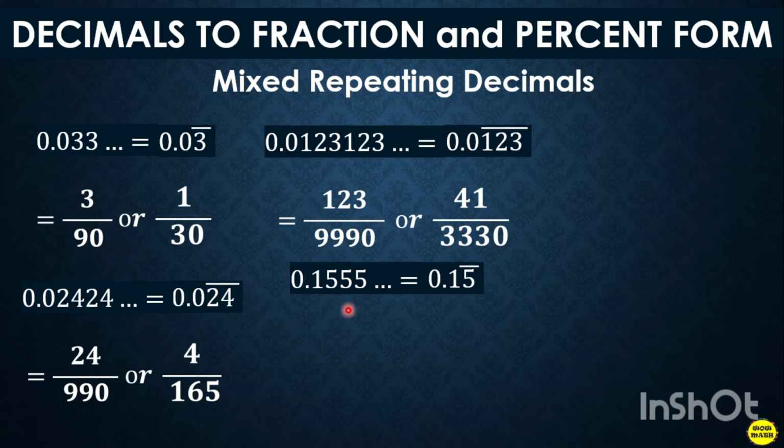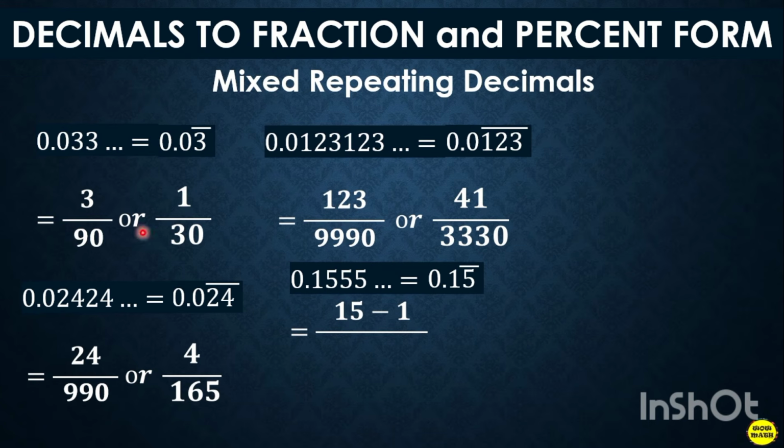So, just like what we did dun sa ating previous slide, na kapag may kasama siyang non-repeating. So, anong gagawin natin? 15, copy natin to. 15 minus 1, kasi meron tayong non-zero eh. So, 15 minus 1 over ilan ang repeating digit.